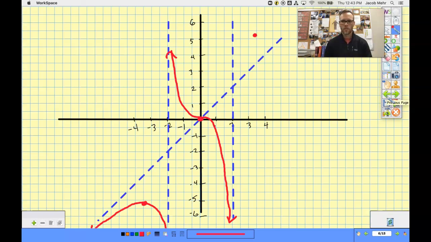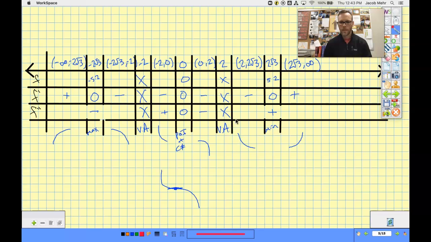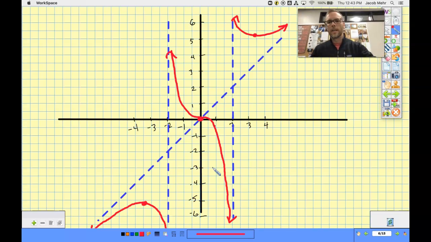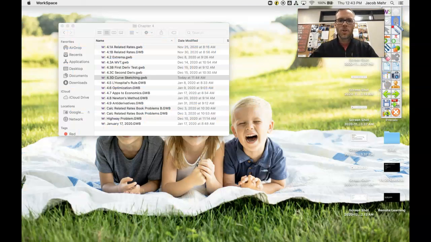Lastly, to the right, where is it? We start up high, we come down, we hit our min, we go back up. Okay, let's put that together with our vertical and slant asymptote, and it looks something like that. All right, got it. Okay, that is a good graph. I like that. Okay, let's type it in Desmos just to check our answers.